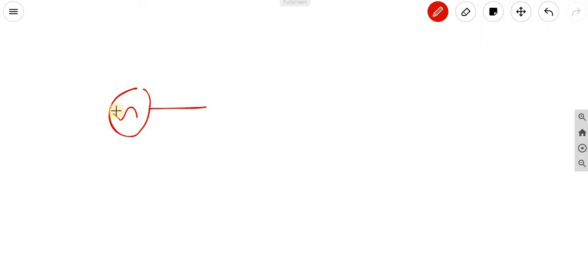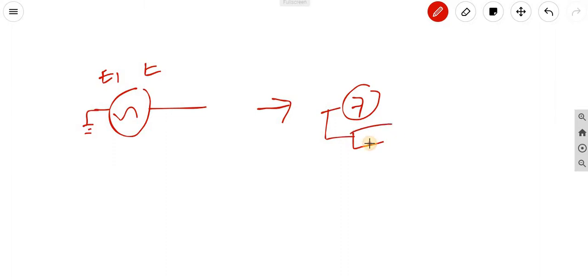So if the generator is a voltage source, what could we get? For the current conversion, we get E and Z. We can convert it into the current, E by Z. This is the conversion, E by Z.